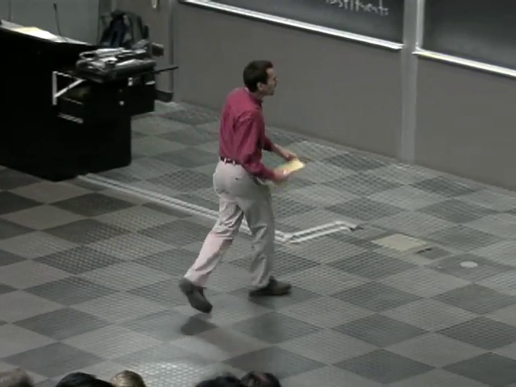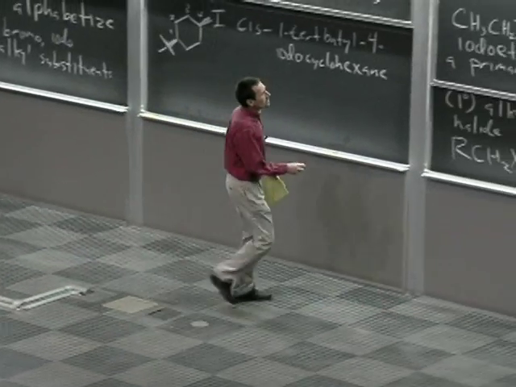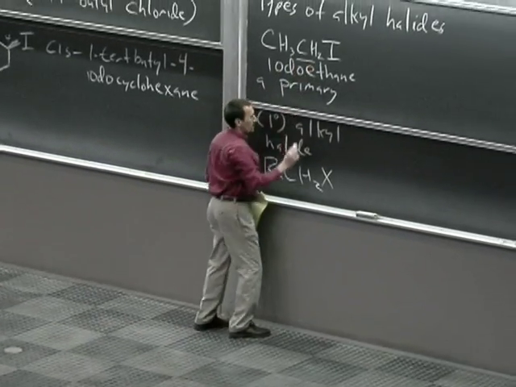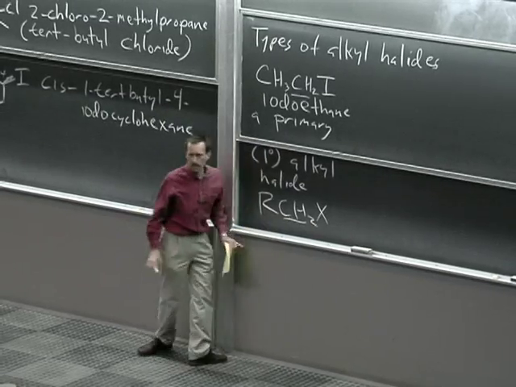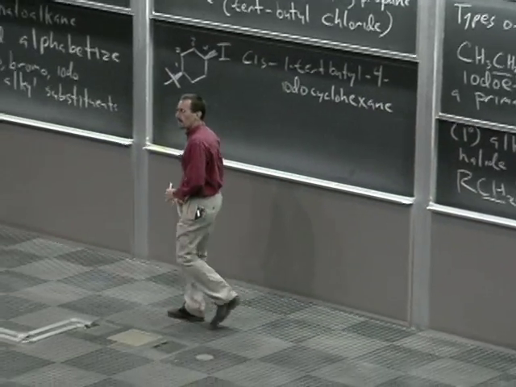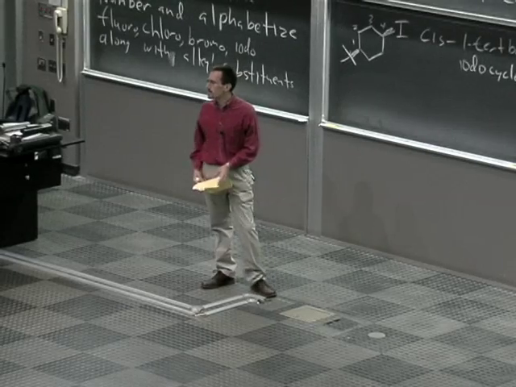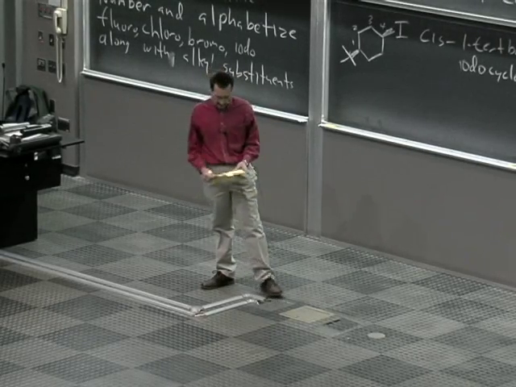We'll see the differences in reactivity. Anyway, right now what I want us to do is just to focus on the fact that we have a methylene group, a CH2 group, connected to our halogen, and see that aspect of the anatomy.